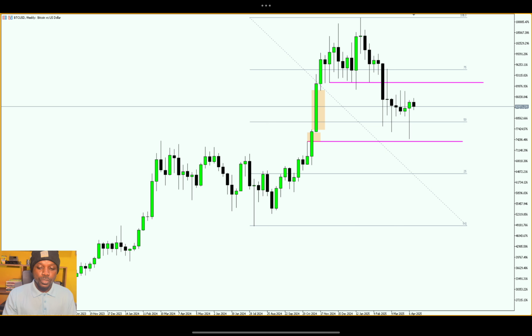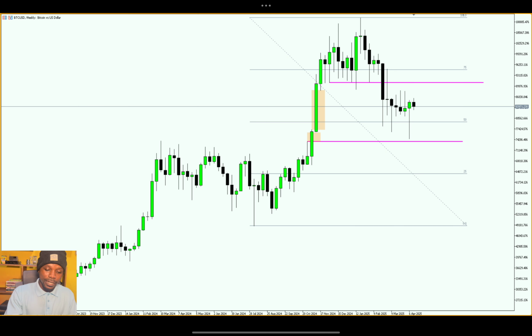So in this situation, where price goes into discount prices below the 50% level and then reverses up, it tells us that price has taken orders from the discount side and is going to run them into premium levels. And that is why price traded below the 50% level.